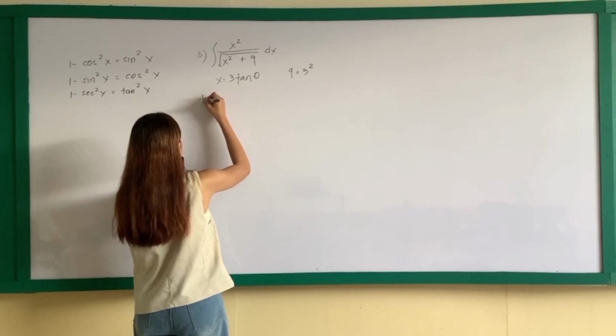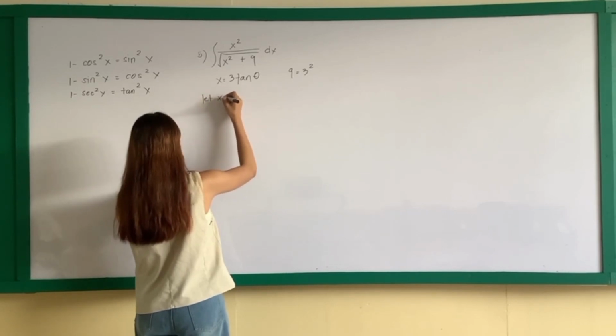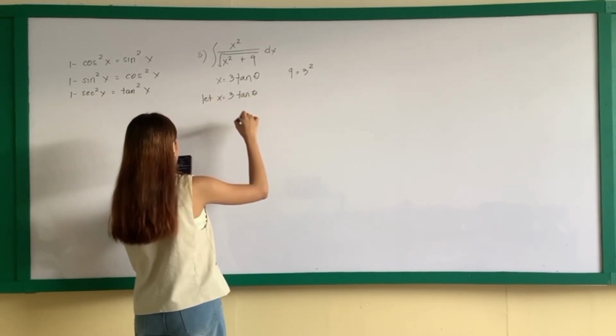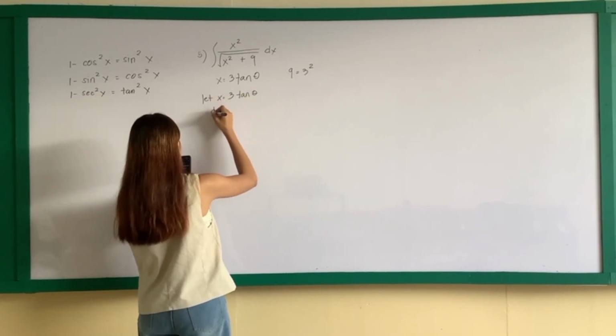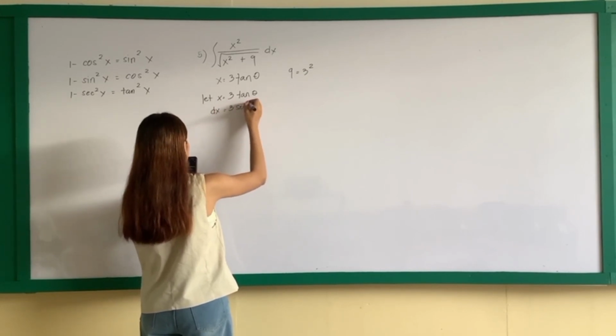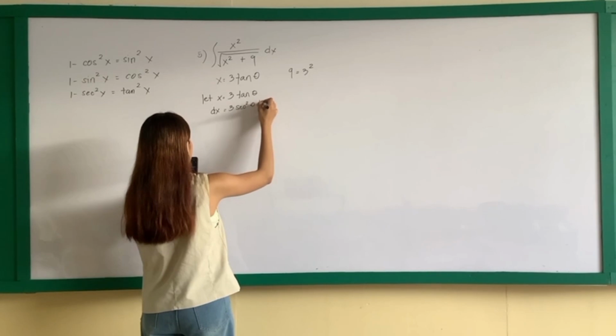Let x equal 3 tan theta, and our dx is 3 secant squared theta d theta.